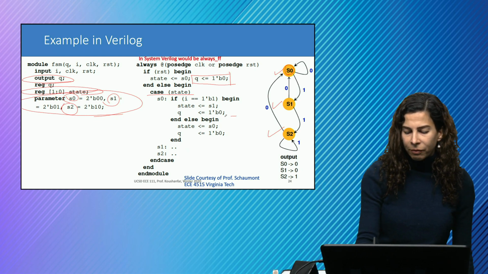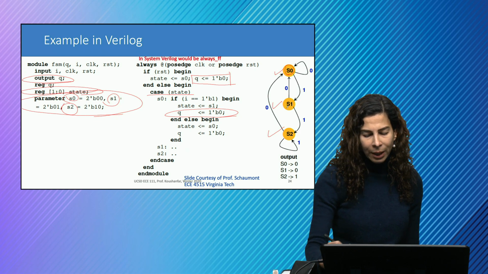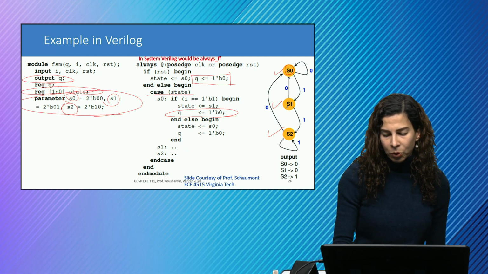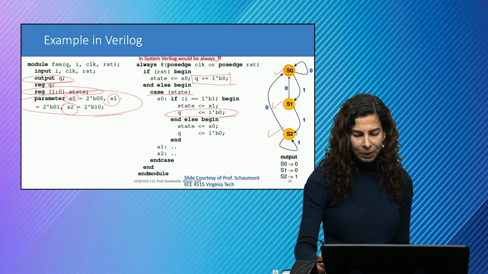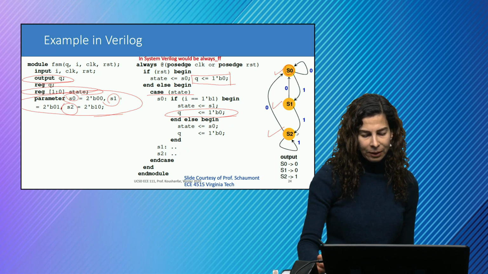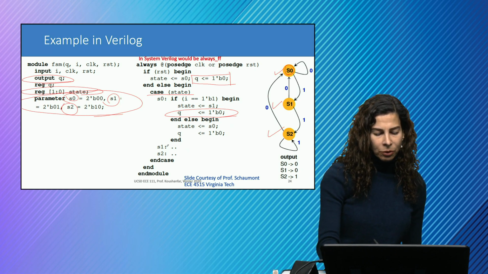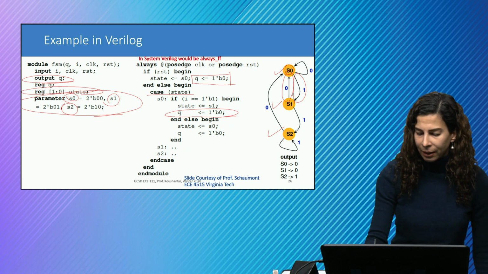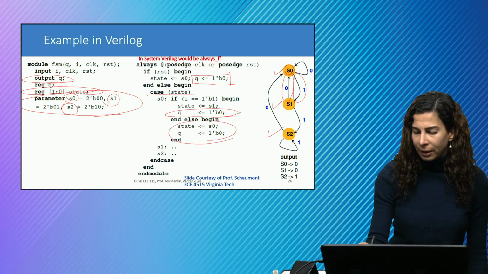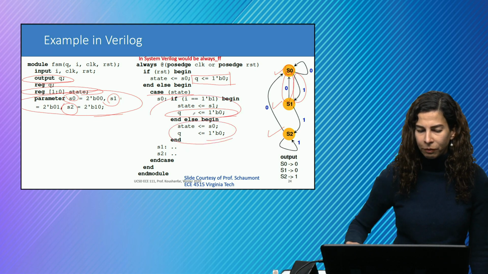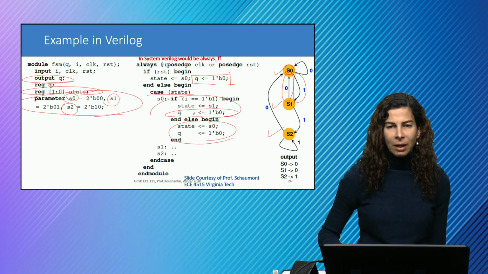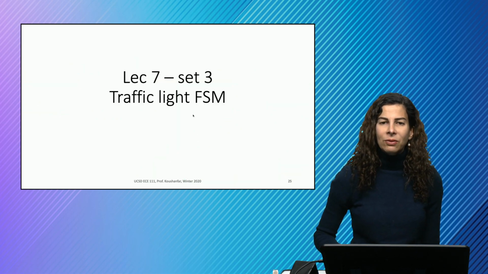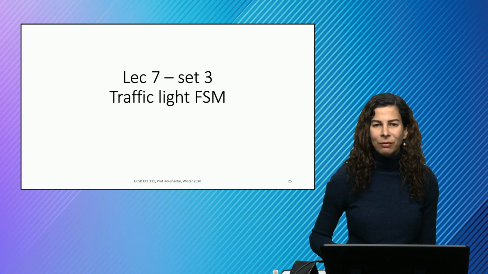If not, from S1 we are going to go to state S2, and then you could continue defining these connections, which is done in this code, and continue defining your finite state machine in Verilog. Next, we will be talking about another example in finite state machine.